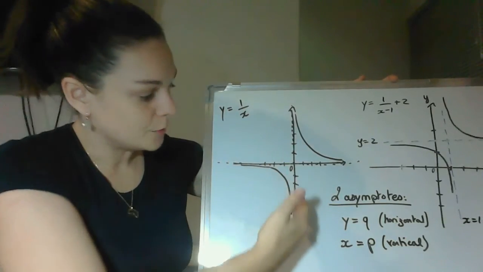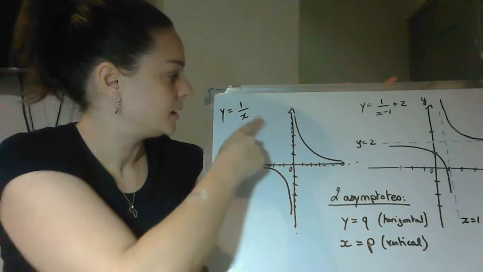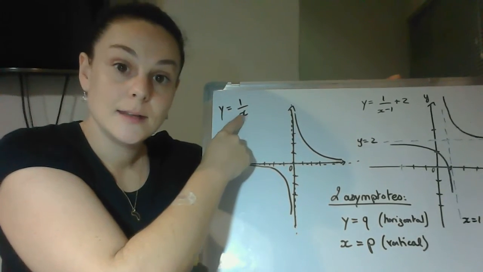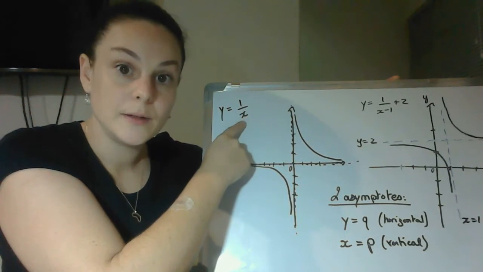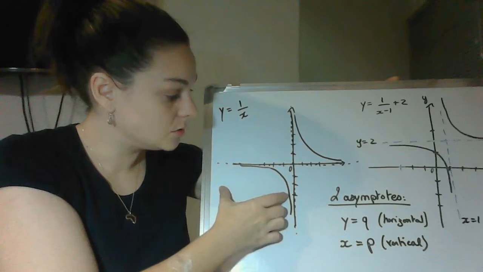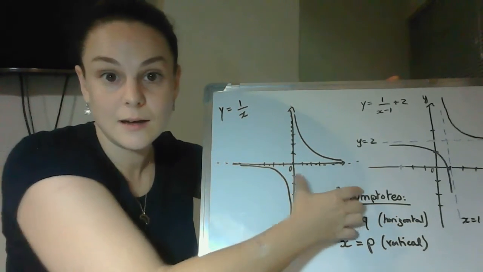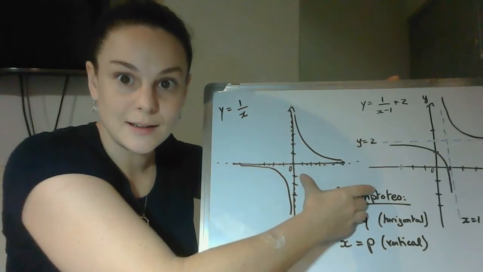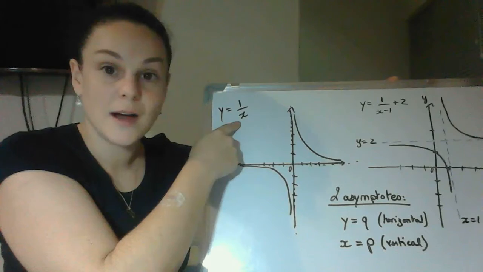So this jump is made because of that division by x, and that will create an undefined value when the denominator is equal to 0. So this creates two separated sets of data, your left arm and your right arm, with the center being that undefined x value.